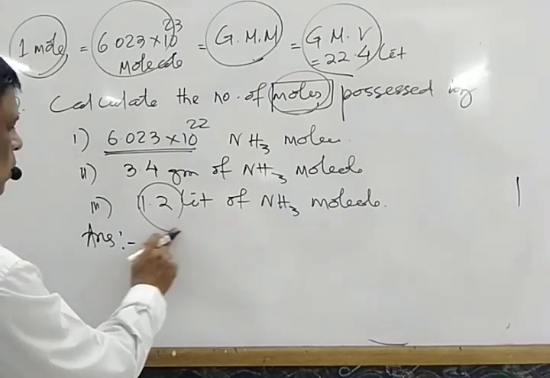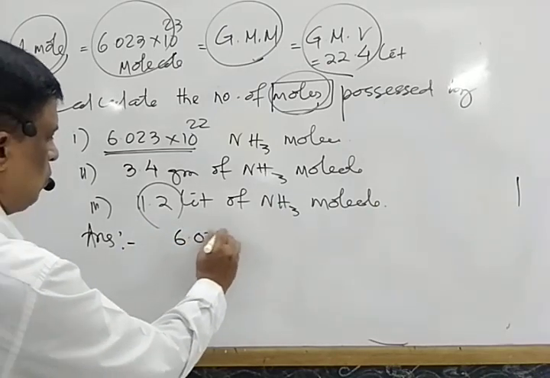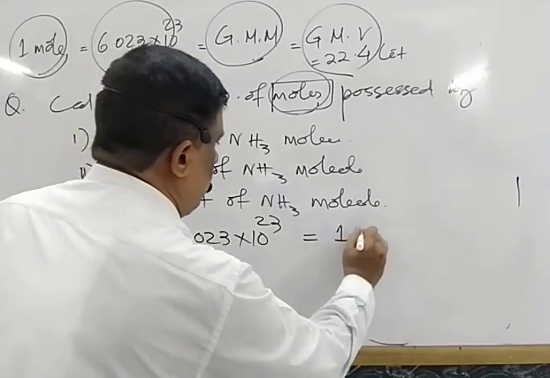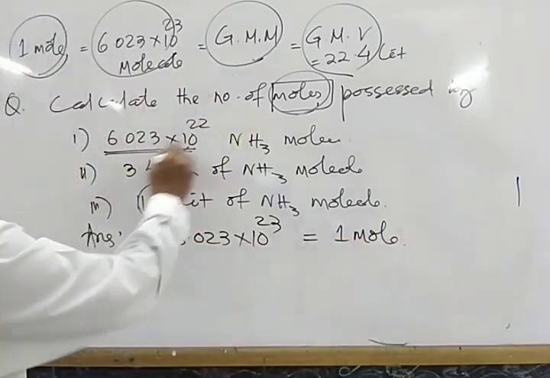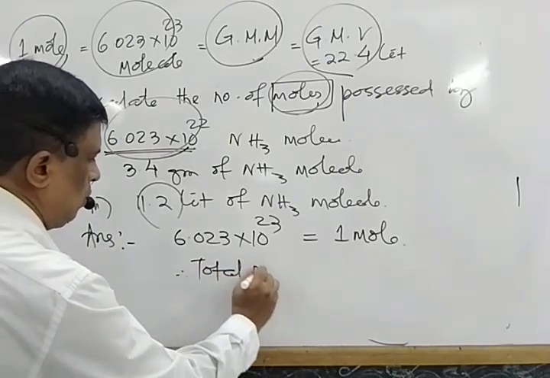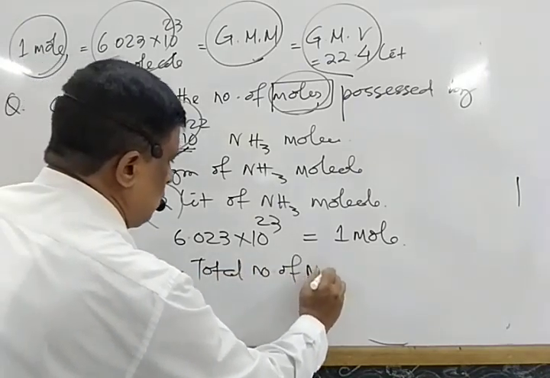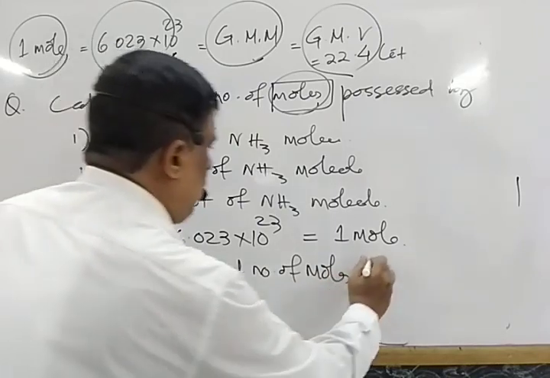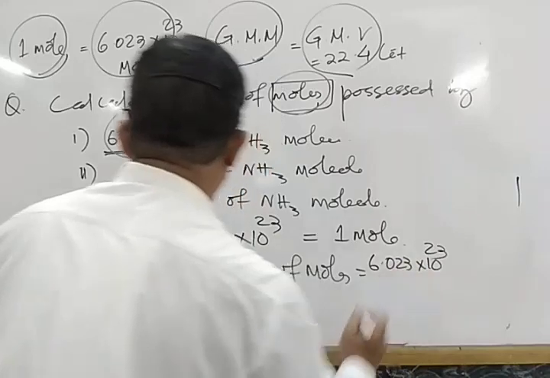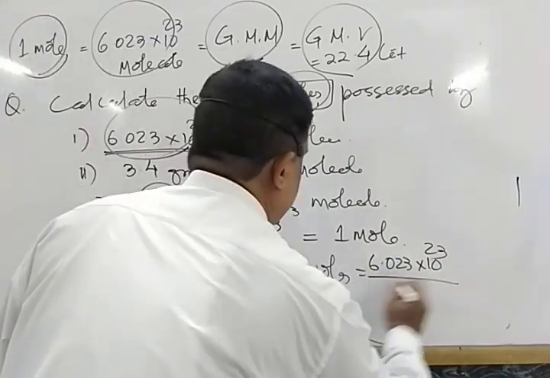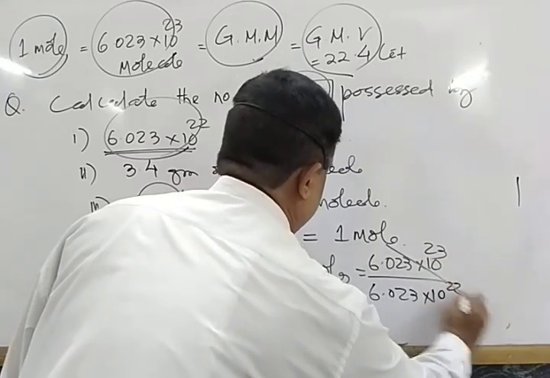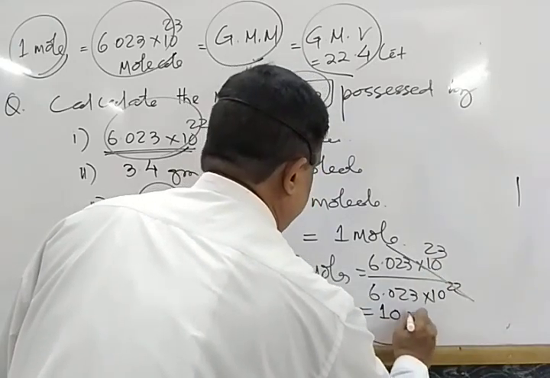What do we know? 6.023 into 10 to the power 23 molecules is equal to 1 mole. Therefore the total number of moles is equal to 6.023 into 10 to the power 22 divided by 6.023 into 10 to the power 23. Cancel the 10 powers.